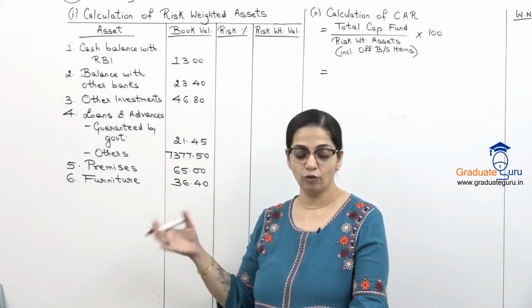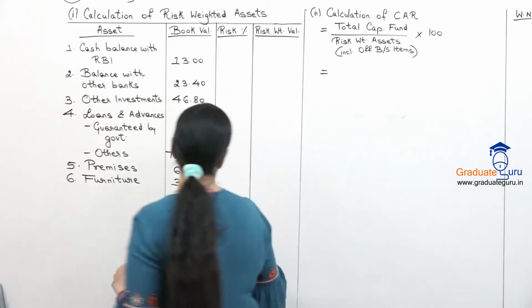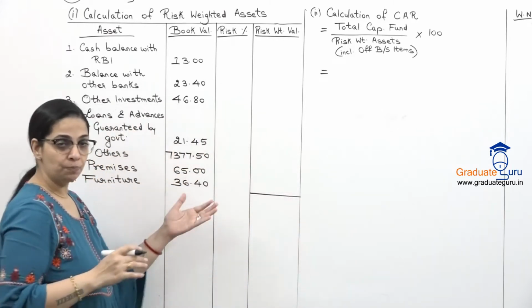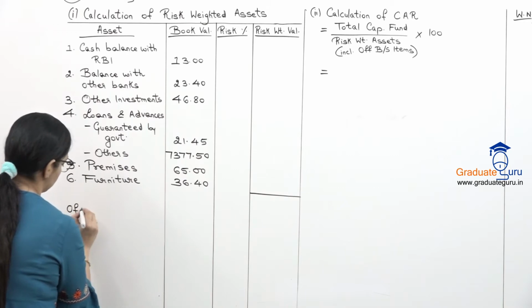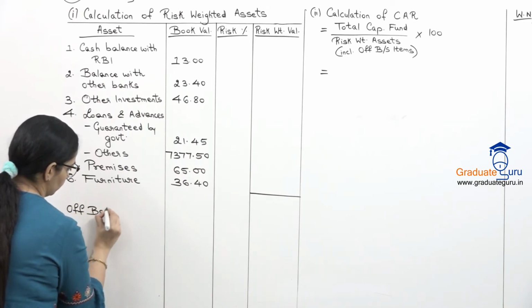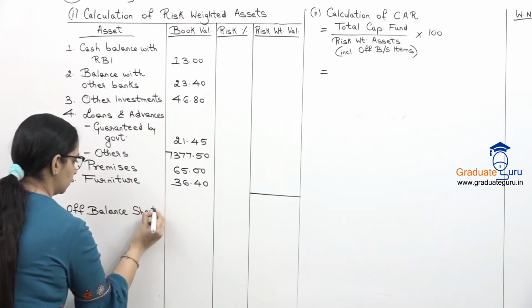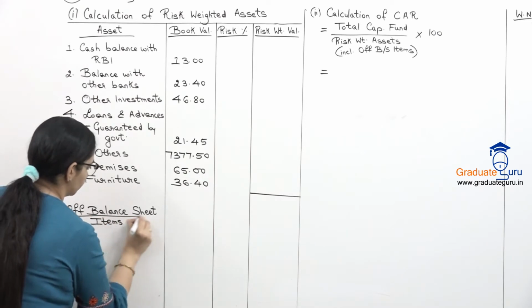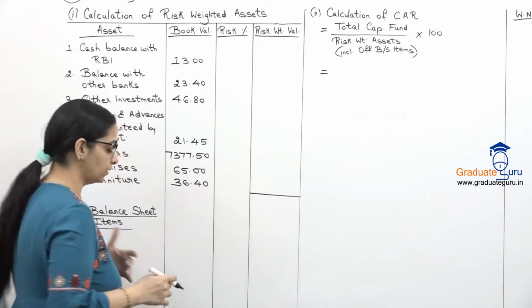After that we have off balance sheet items. So we'll not merge it up with this. So whatever calculation we do here, we'll take a subtotal over here. And after that we will write off balance sheet items. And there we have two things. So first is guarantees and other obligations.